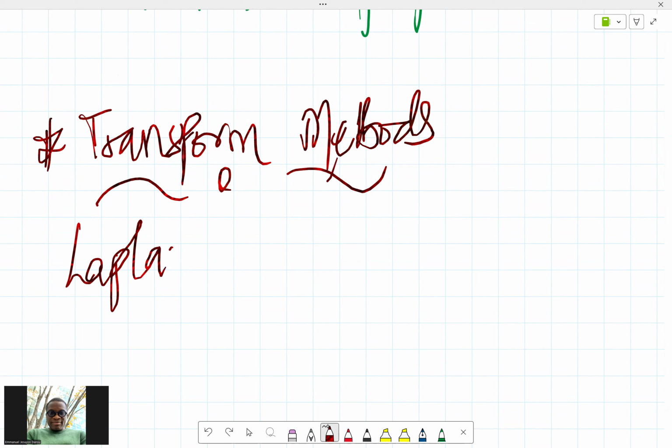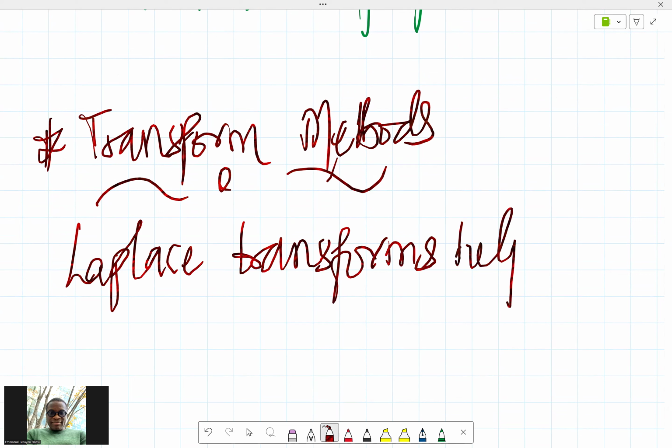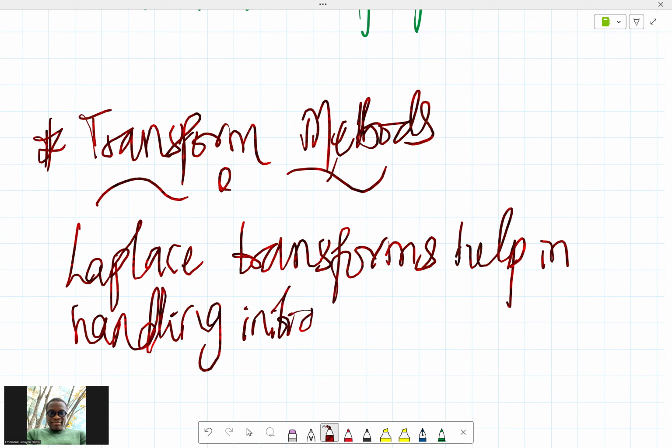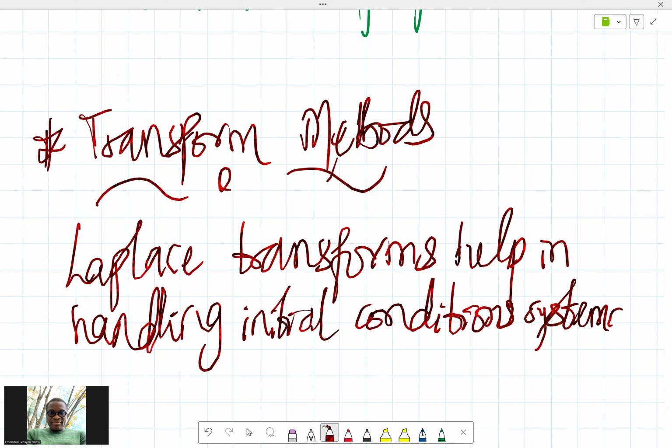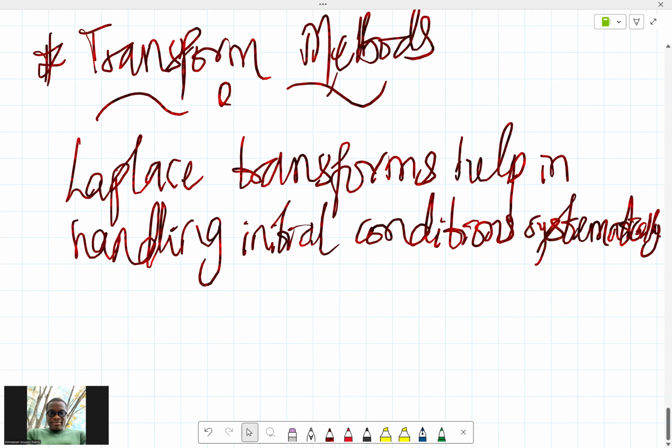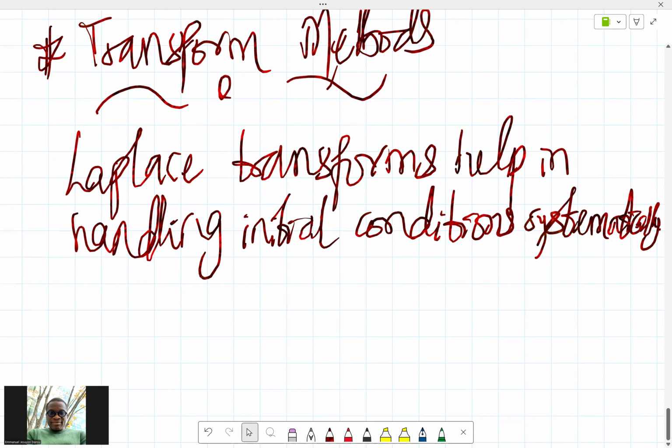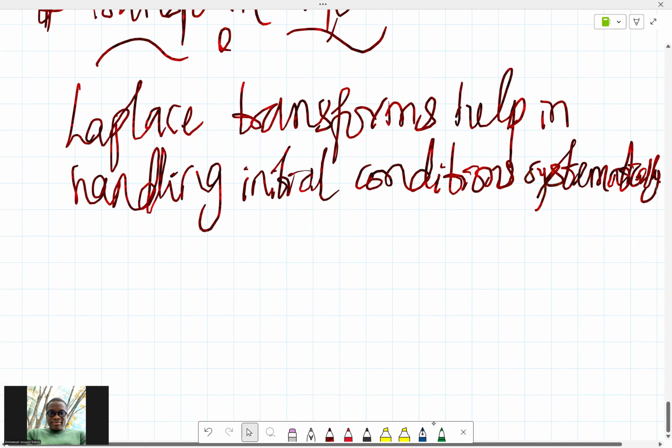Laplace transforms help in handling initial conditions systematically. As we proceed here, I'm going to talk about Laplace transforms, and I'll make it a playlist which will still be added to this, because it deserves to stand alone for sure.